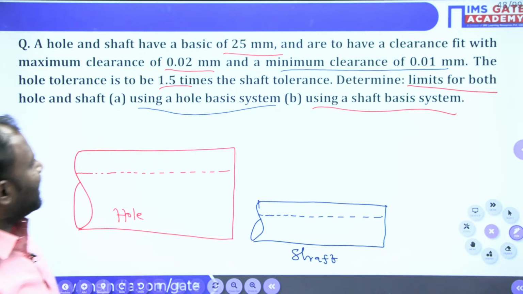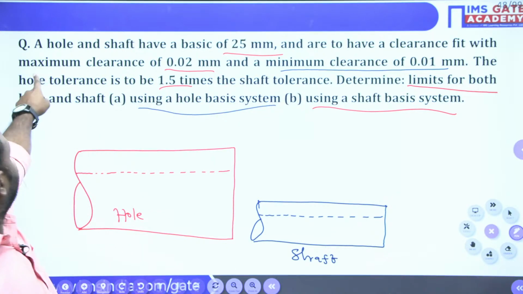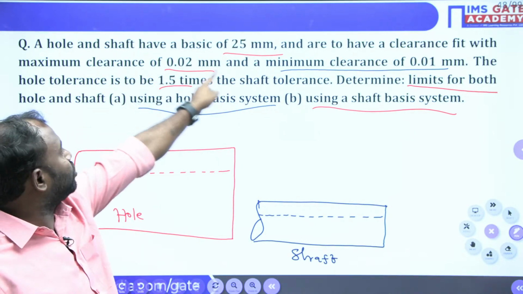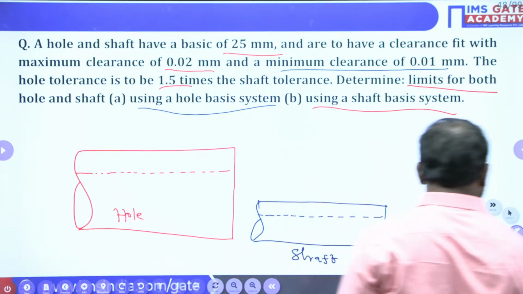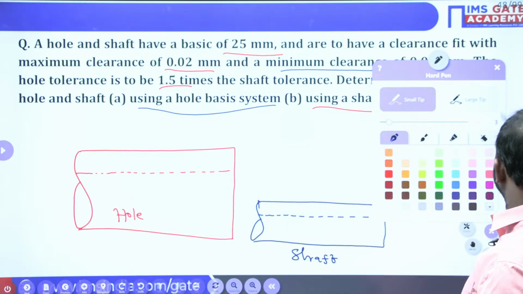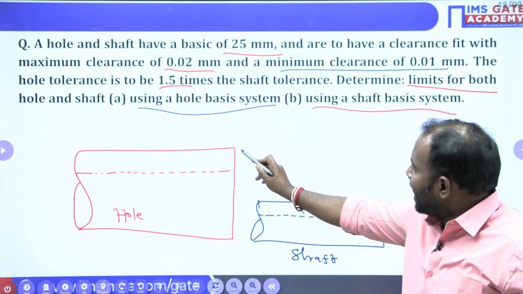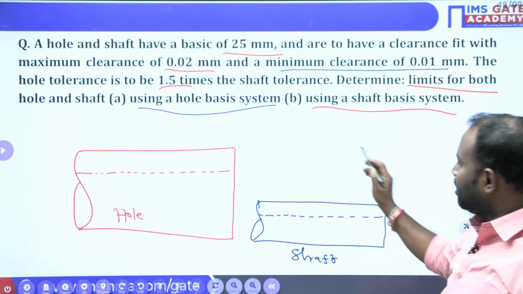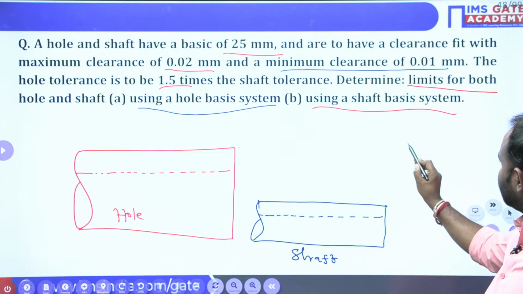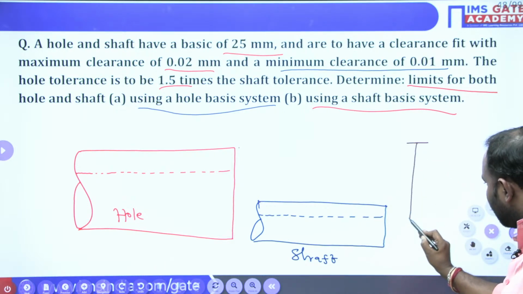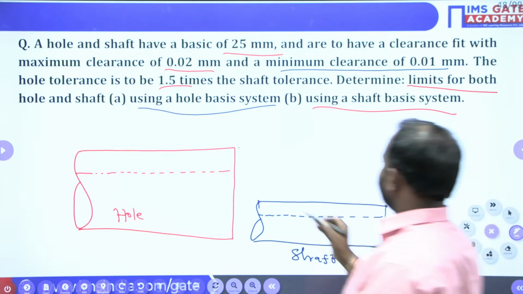But what they said, the maximum clearance is 0.02 mm. What is the maximum clearance? Maximum clearance is the maximum hole diameter minus the minimum shaft diameter. That means upper limit of the hole minus lower limit of the shaft.